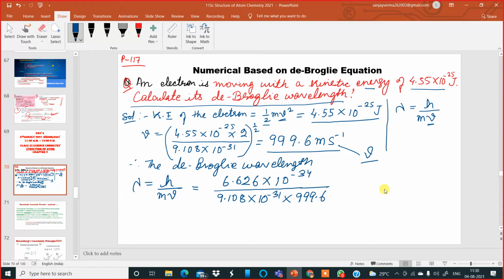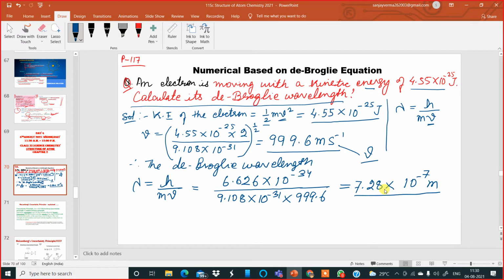Now in class 11 ISC board, we are allowed to use the scientific calculator. By using the calculator, if you simplify this further, you will get the answer 7.28 into 10 to the power of minus 7 meter. This is the de Broglie wavelength.